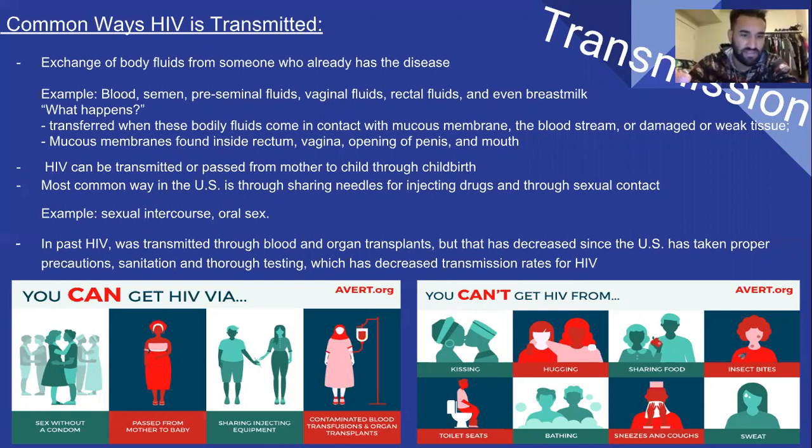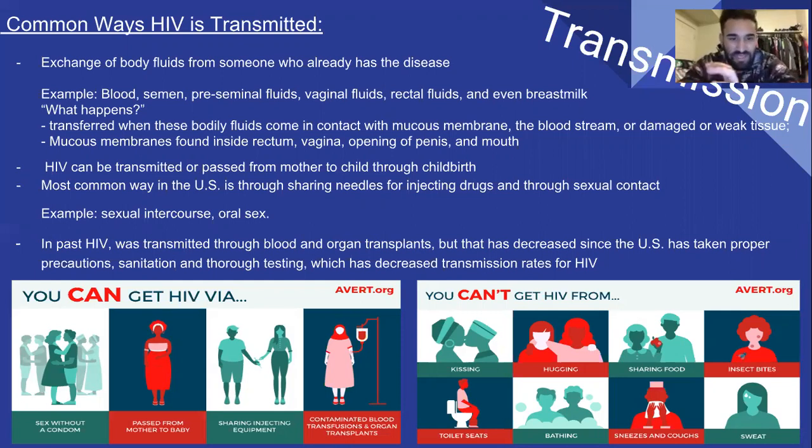Yet another example would be the sharing of medication or drugs by needle. HIV can also be transmitted through sexual acts and also through blood and organ transplants, which is less common now due to our medical advances and the sanitation of our medical equipment and procedures that take place during those surgeries.